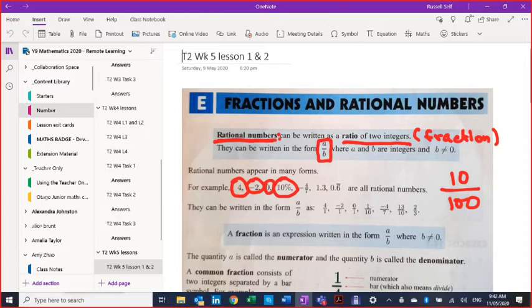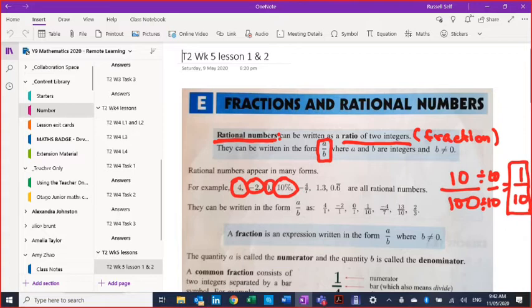Simplified means divide away anything that's common to the numerator and denominator. And both 10 and 100 will both divide by what number? 10. Excellent. So we'll divide the top by 10 and the bottom by 10, which gives us 1 over 10. And the answer is not correct unless it is simplified.